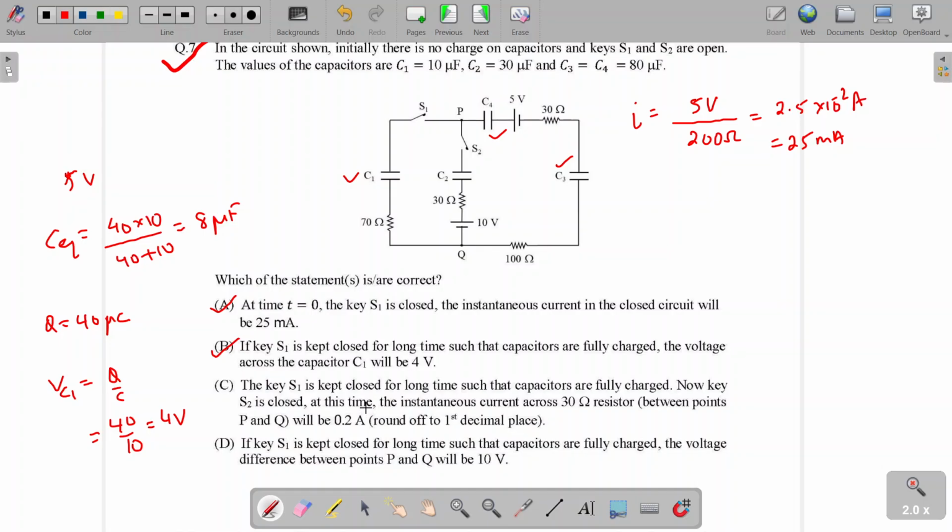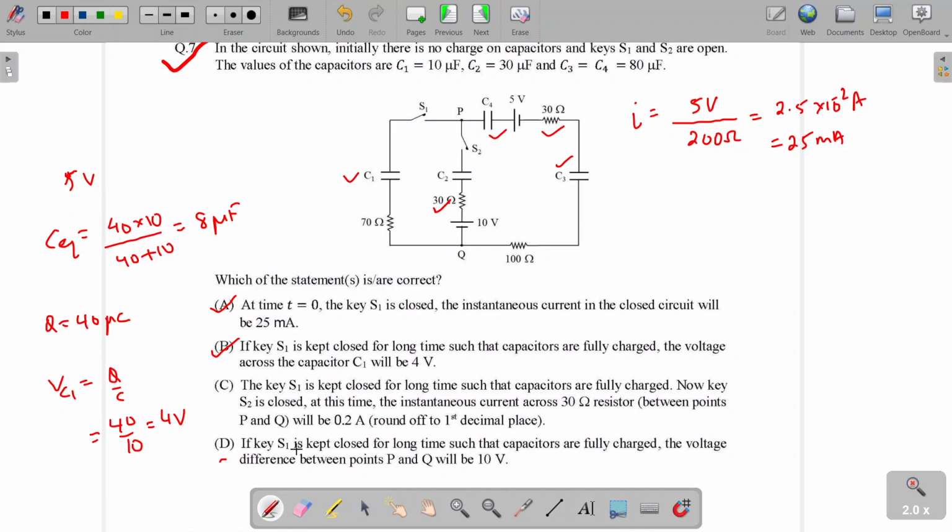So between P and Q there are two 30 ohm resistors, this resistor as well and this resistor as well. So this option is rather ambiguous one. Instead, let us do option D.